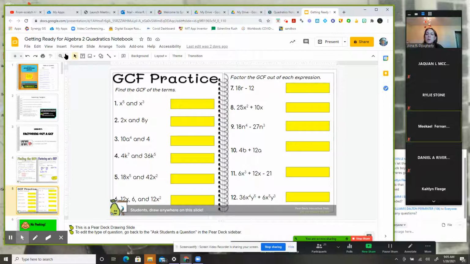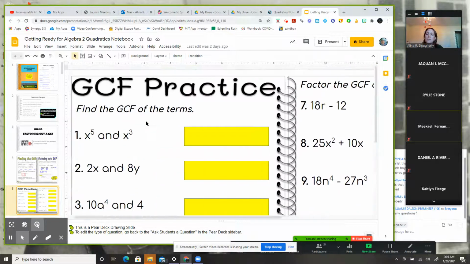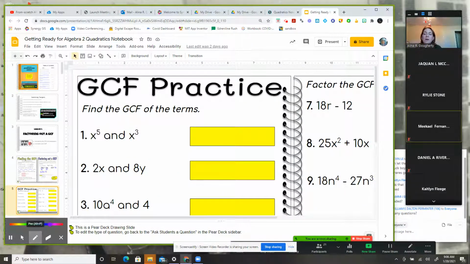If we look at question number 1, we've got variables here. So I've got an x to the 5th power and an x to the 3rd power. The 3 is the smaller exponent, so we're going to take that out. X to the 3 is outside my parentheses.